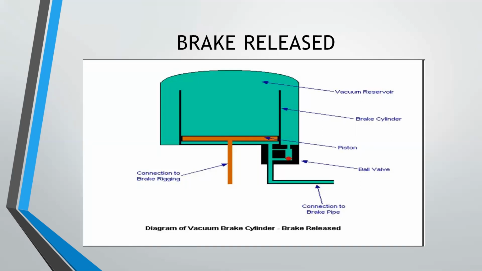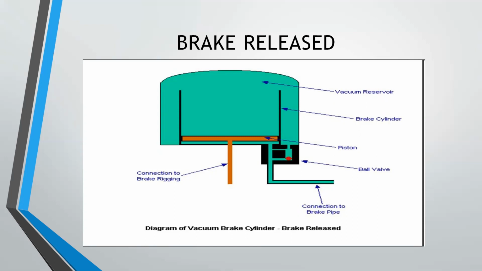The vacuum is passed through the brake lines. It is connected to the brake rigging. The piston is connected to the brake rigging. It means whenever the brake pedal is pressed, automatically the vacuum is compressed. The vacuum is passed to the vacuum reservoir through the brake cylinder, and the piston is moving.